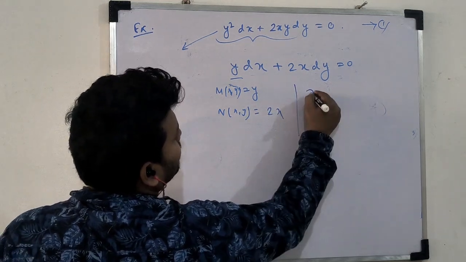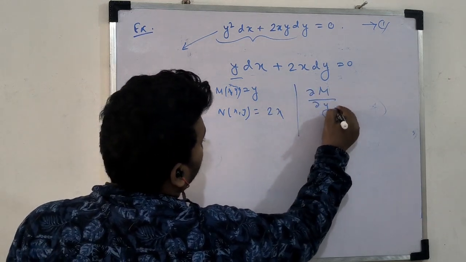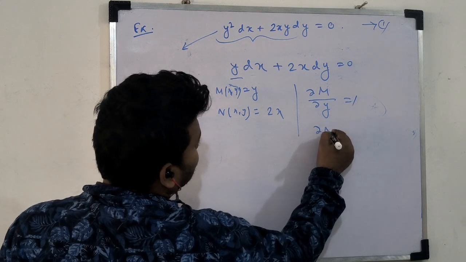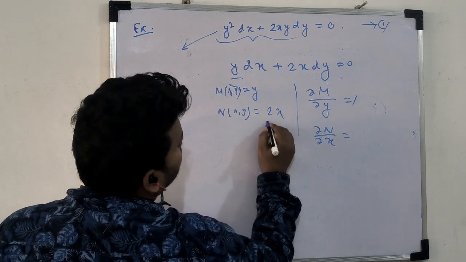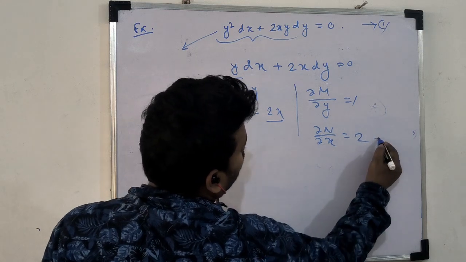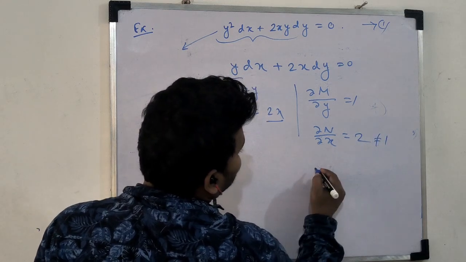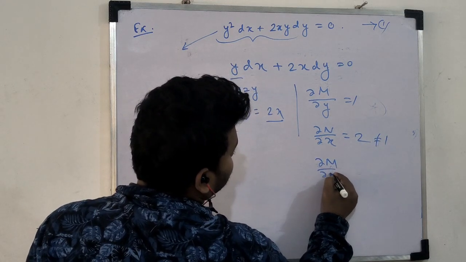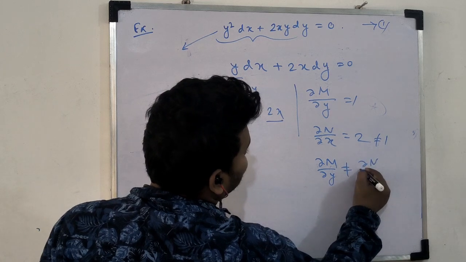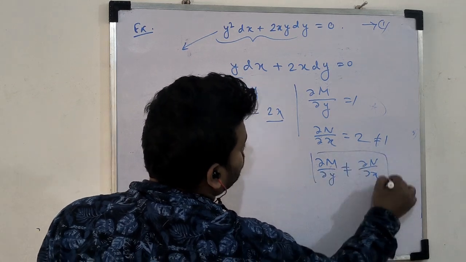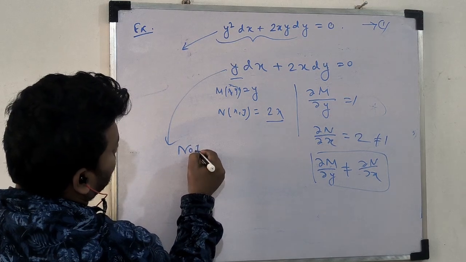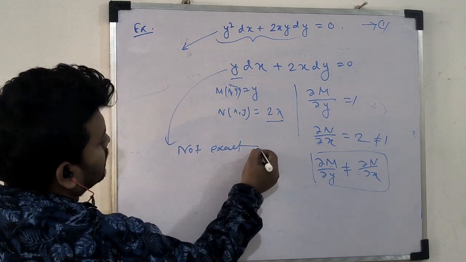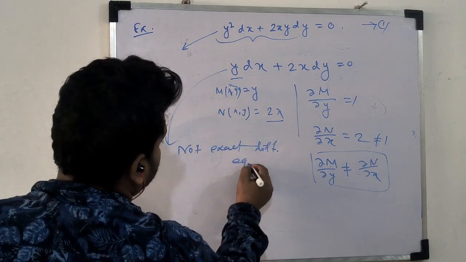Therefore if we find del M del y, this will be 1, and del N del x will be 2, but 2 is not equal to 1, that means del M del y is not equal to del N del x. So therefore this differential equation is not an exact differential equation.